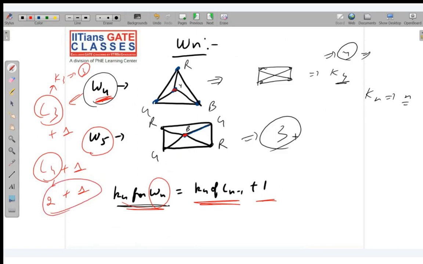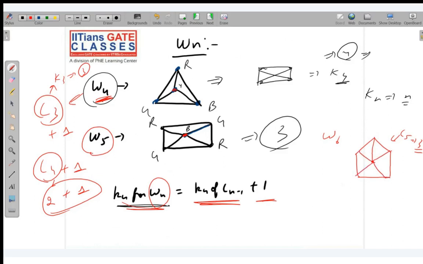Okay, for W6, how will W6 look like? First of all you will make a pentagon. This is C5. C5 needs 3 colors. We have just seen it. Now I will take a middle vertex. It is adjacent to all the vertices, so no way out.